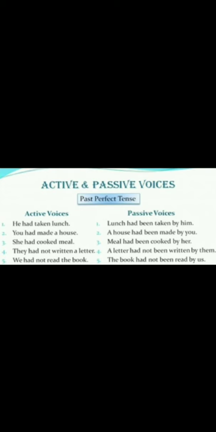I hope you understand. Now it's time to discuss simple future tense. In active voice, the formula for simple future tense is subject, will or shall, first form of the verb, and the object. When we change it to passive voice, the object will come in place of the subject and we will add be.